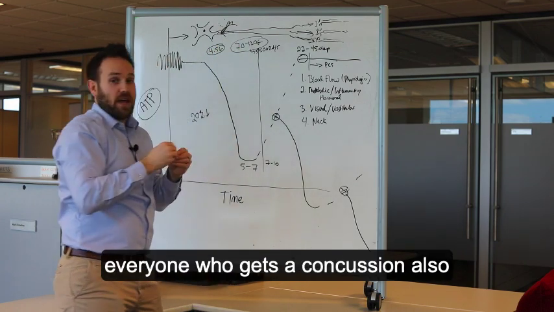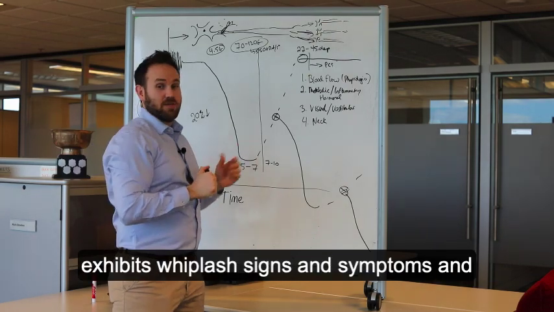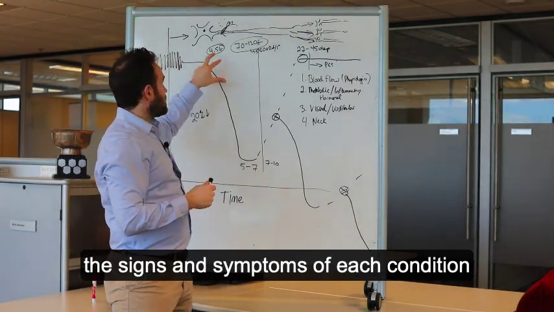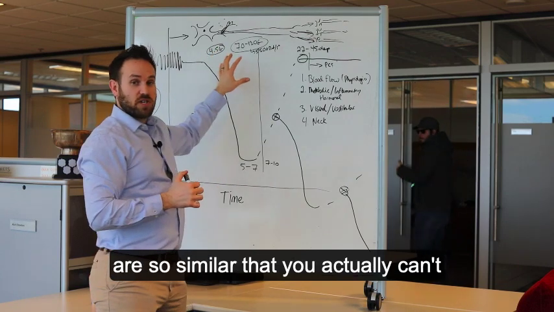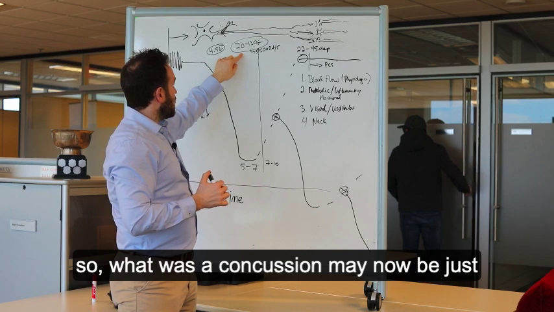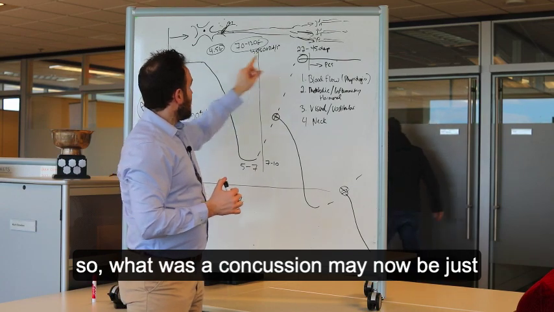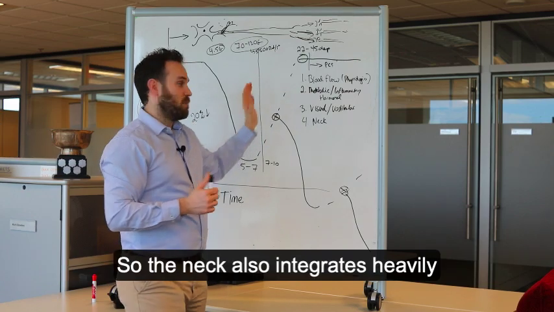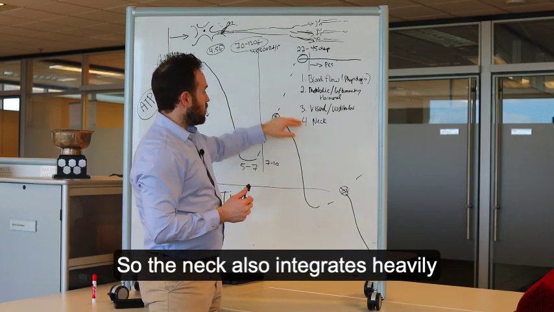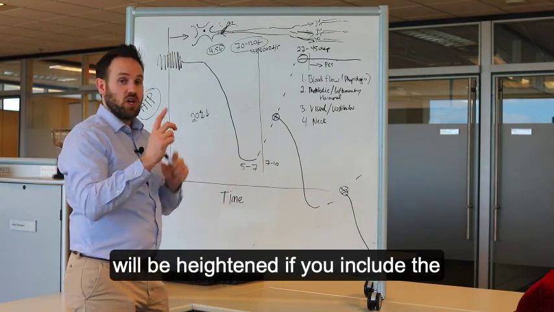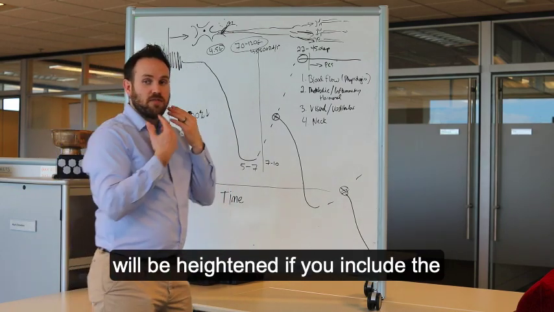Previous studies have found that everyone who gets a concussion also exhibits whiplash signs and symptoms. The signs and symptoms of each condition are so similar that you can't tell them apart. So what was a concussion may now be just the lingering effects of the whiplash that may have been suffered at the same time. The neck also integrates heavily with the visual and vestibular system, where a lot of times visual dysfunctions will be heightened if you include the neck.